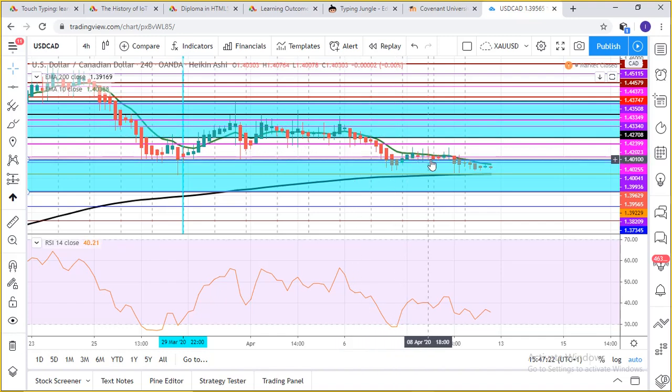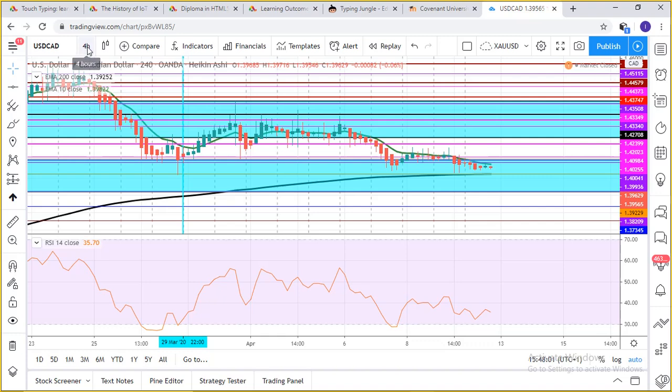I'm waiting for this to break because it's been going up and down, and they tried breaking this and went up again, but there's a tendency that they will break it this week most likely. Once they break it, I will call a trade here. So we still have a long way to go on this trade. And if I'm able to come in from here, we still have a long way to go.